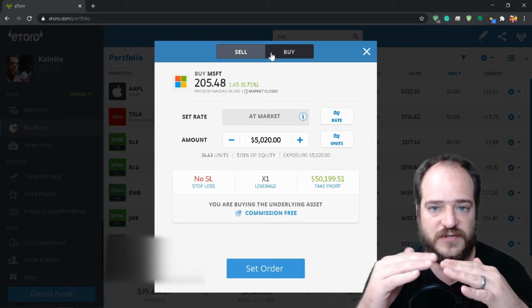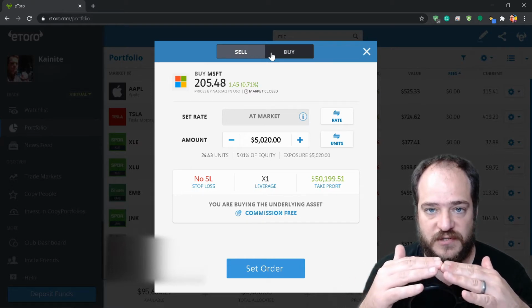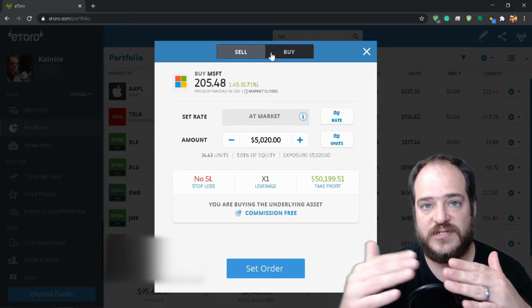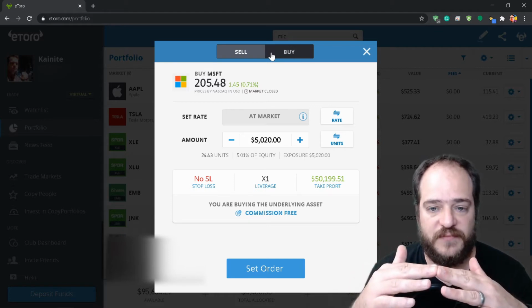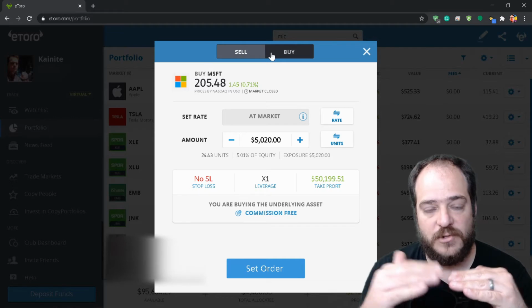But usually Microsoft is a stock for the long term, not for the short term. Short term is for growth stocks. If you want more information about growth stocks, please check the videos above to learn more.